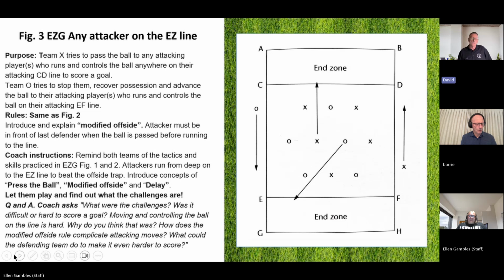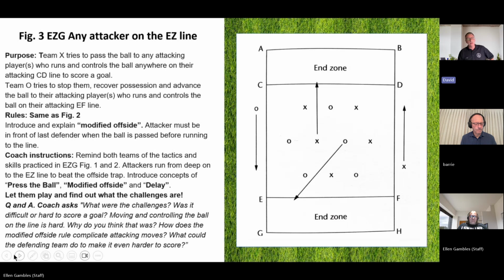But in this situation, we introduce what we call the modified offside rule, which is that the attacking player must be in front of the defenders before the ball is played, so that they can run past the defenders and control the ball on the attacking line. If they run too early, as in the real game of football, they're going to be offside.